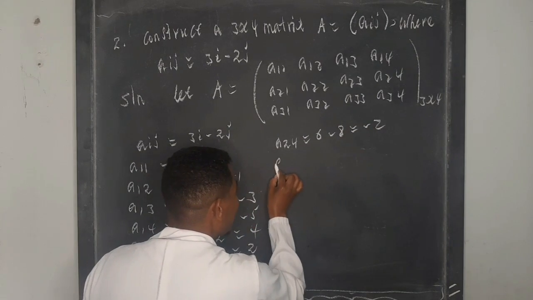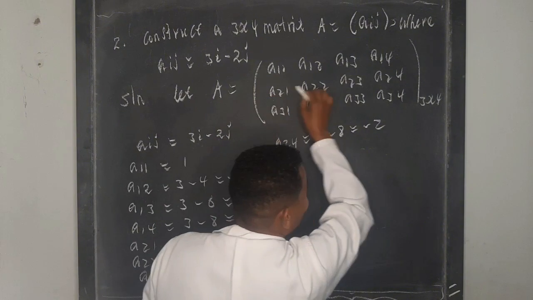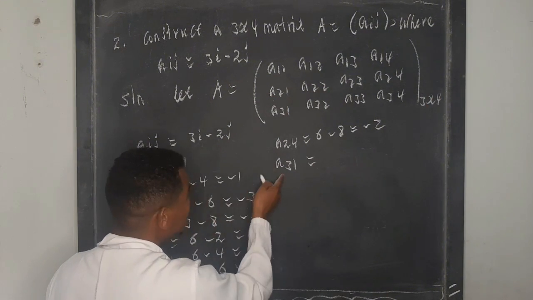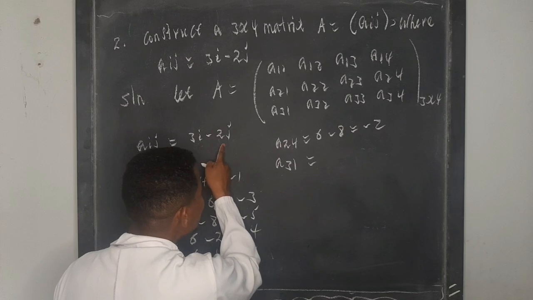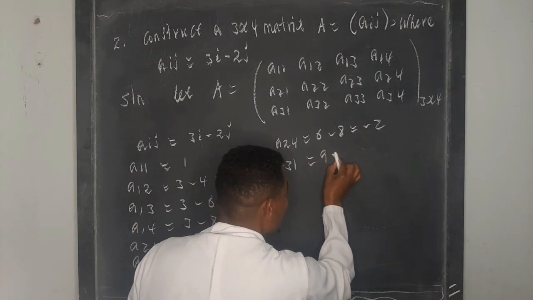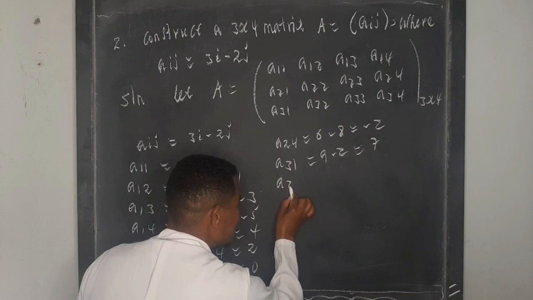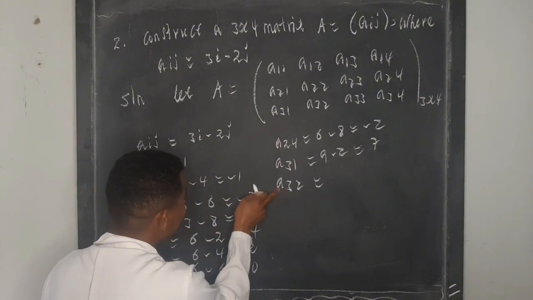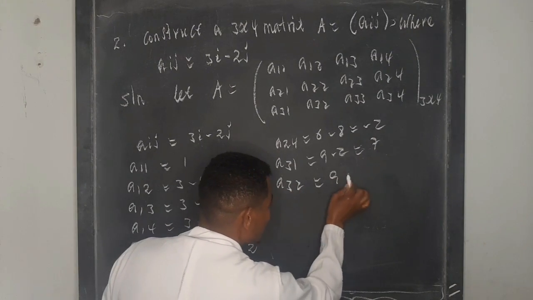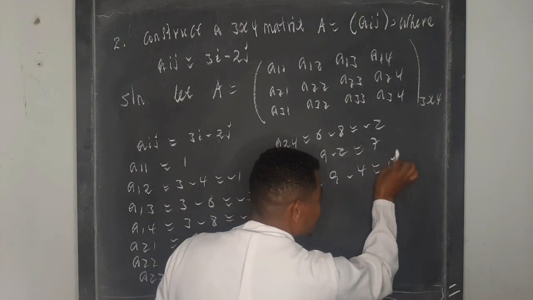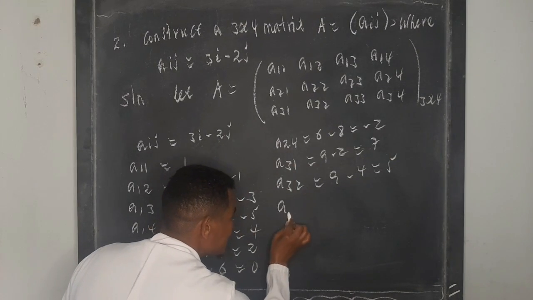We have finished row 2. a31 is equal to 3 times 3 is 9, 9 minus 2 is 7. a32 means 3 times 3 is 9 minus 2 times 2 is 4, 9 minus 4 is 5.